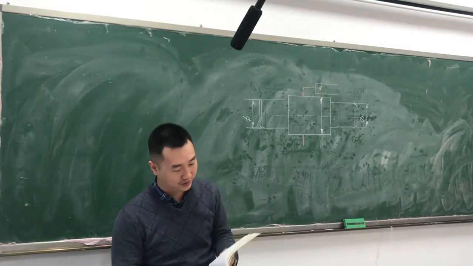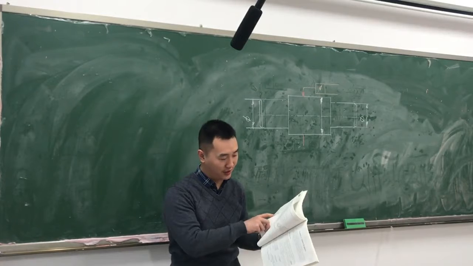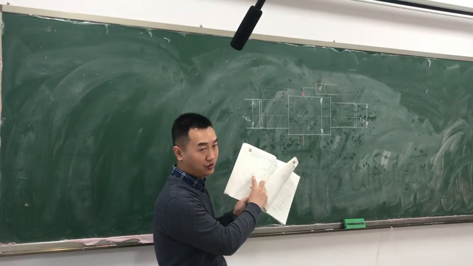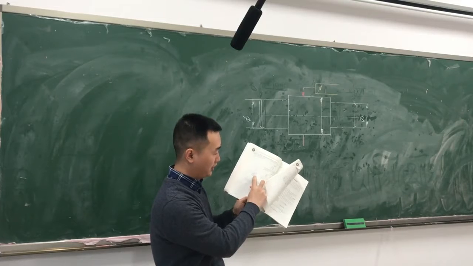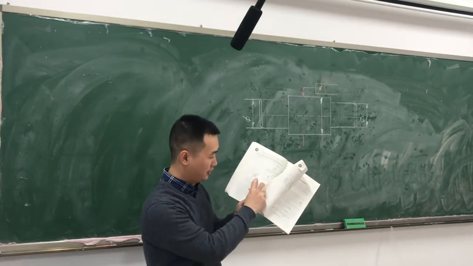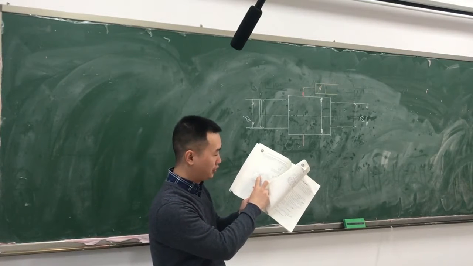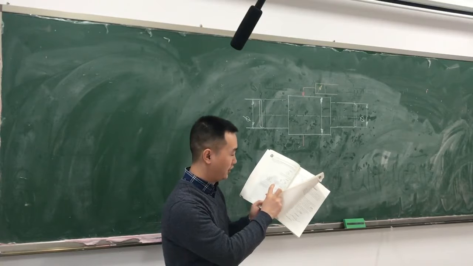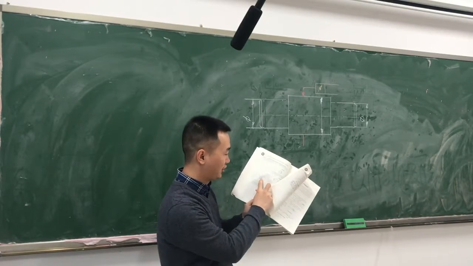Yeah, for this case, it's 104. As you can see, the tolerance zone is what? It's the area bounded by two concentric circles.